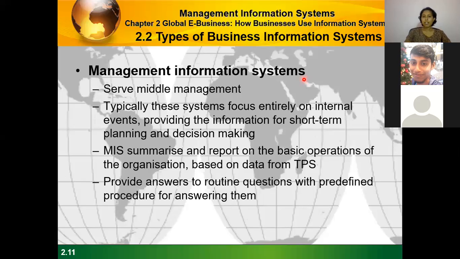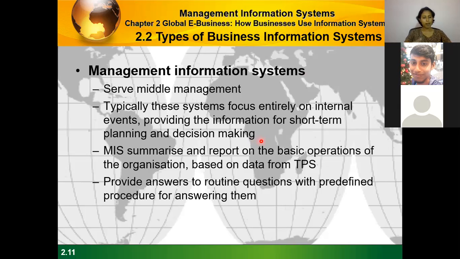Now, which level does the management information system serve? It serves middle management. Typically, these systems focus entirely on internal events. So these types of systems, MIS or management information systems, rely completely on internal events only, providing information for short-term planning and decision making.